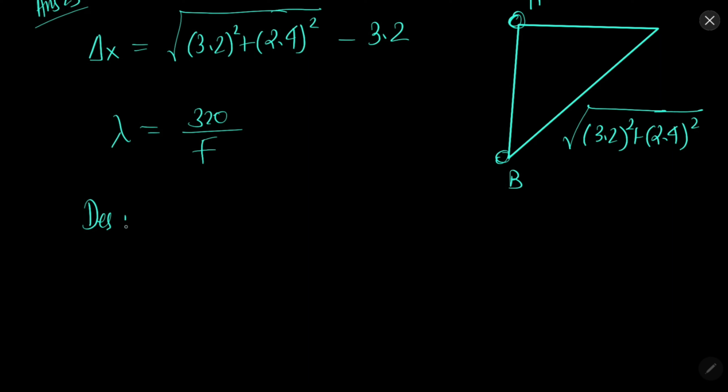For destructive interference, del x equals (2n plus 1) lambda by 2.